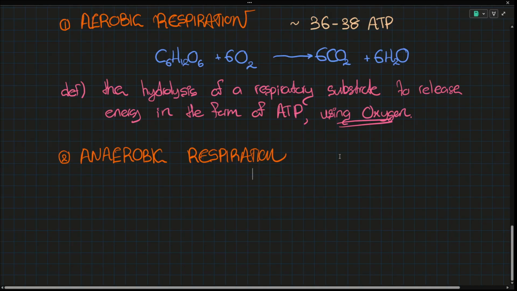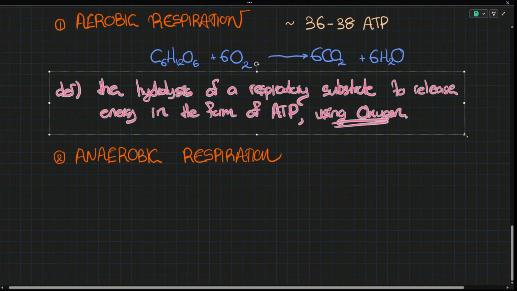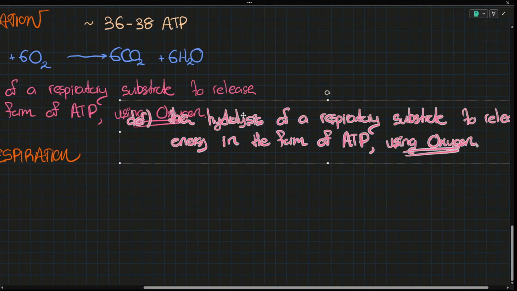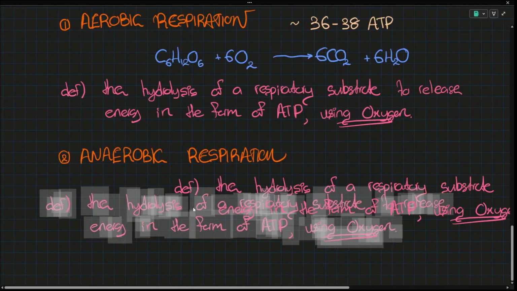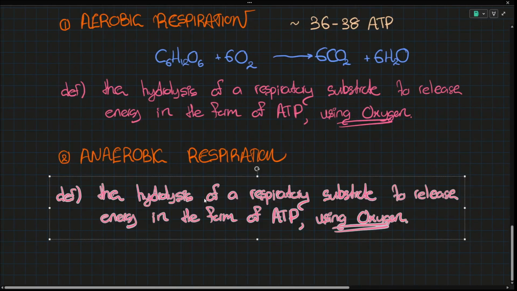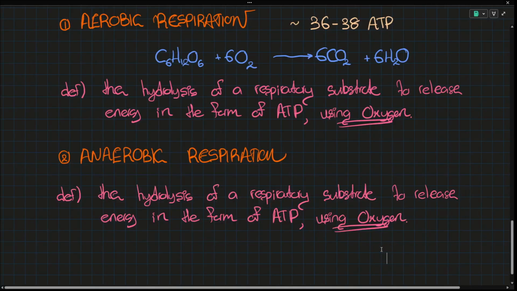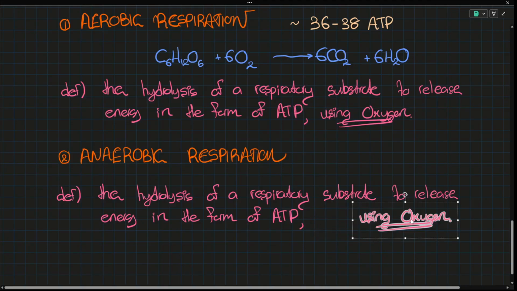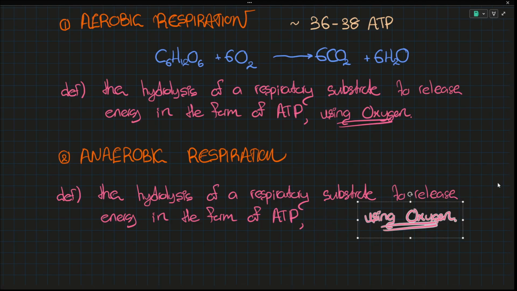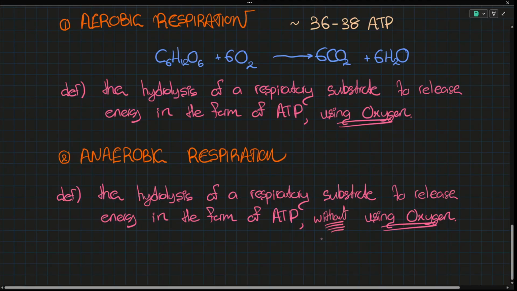Okay. Anaerobic respiration. Definition. It's the same exact definition, so I'm not going to waste either of our times. Bring it over here. Align it. Okay. Hydrolysis of a respiratory substrate to release energy in the form of ATP. Leave a space. And you have to be very specific to say that we are not using oxygen.